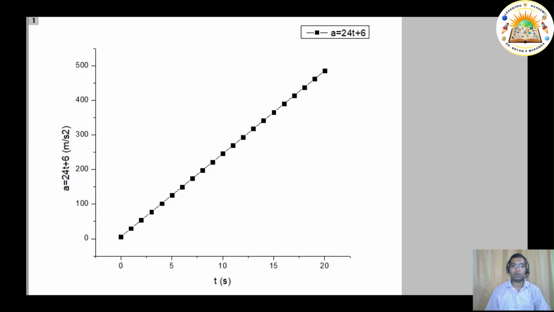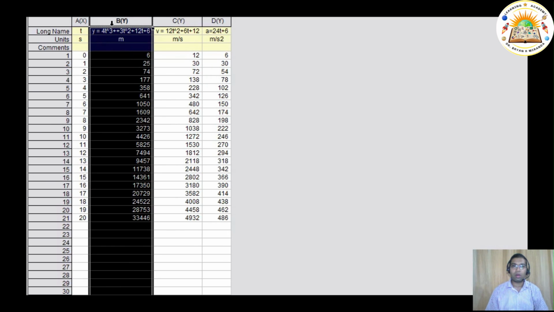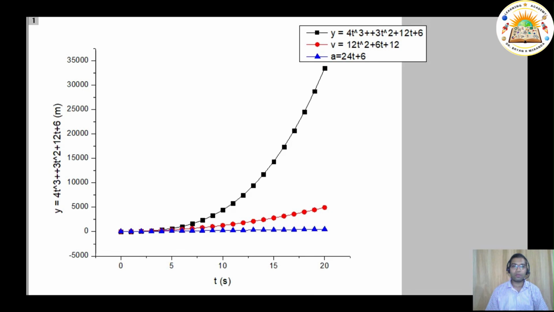Now, in order to understand what I'm trying to tell with these graphs, I will plot all of them in the same graph with respect to the x-axis, that is with respect to time. So when I plot all of them together, you can see that the black dot is giving me the displacement curve, the red one is giving me the velocity, and the blue triangle is giving me the acceleration.